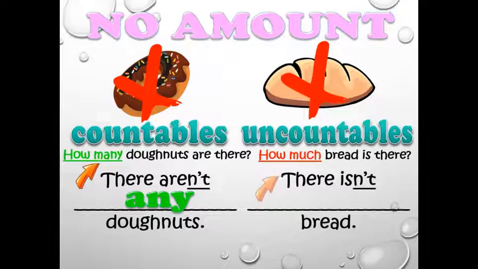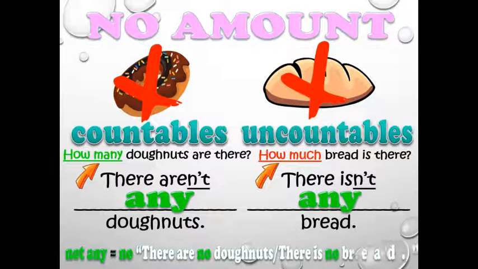How much bread is there? There isn't any bread. This not any, used in negative sentences, expresses no amount, but you have another quantifier to express no amount, and this is no. But be careful, you have to use no in positive sentences, without not.